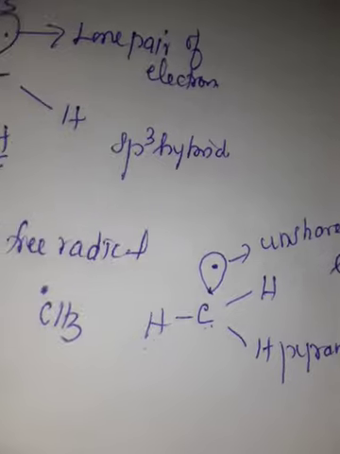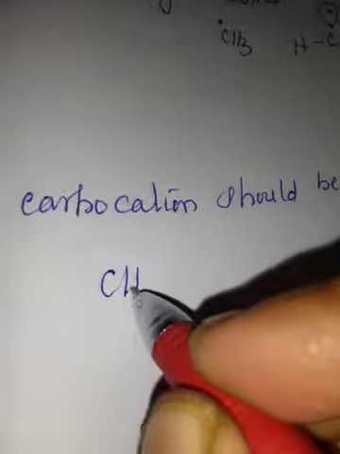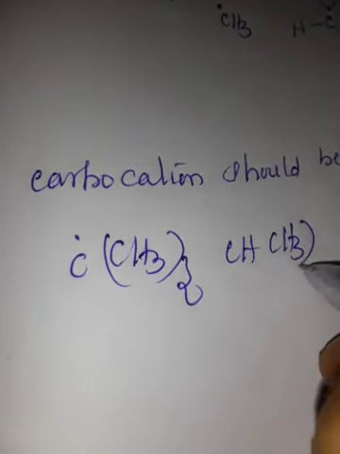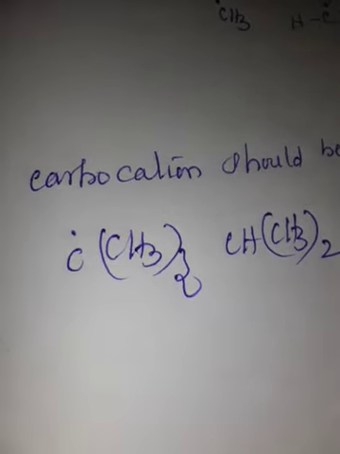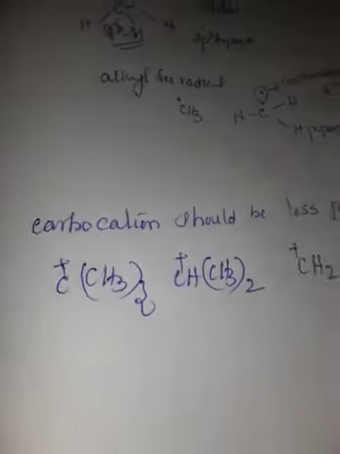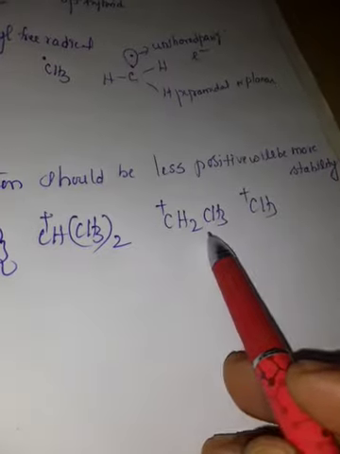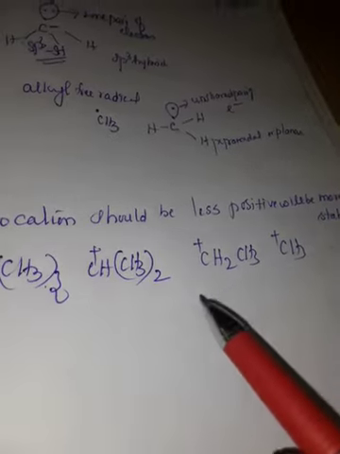Next, if you are explaining the stability of carbocations, now I have taken 4 examples. Here 3 alkyl groups, here 2 alkyl groups, here 1 alkyl group, here none. Now these are all carbocations.